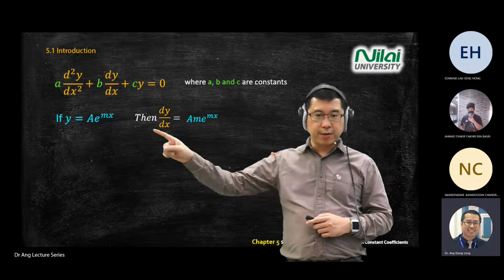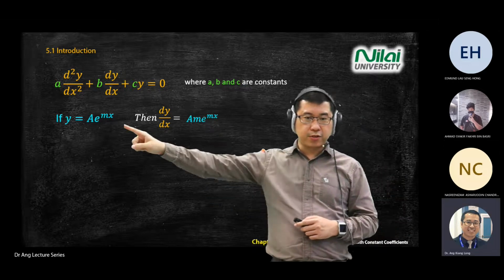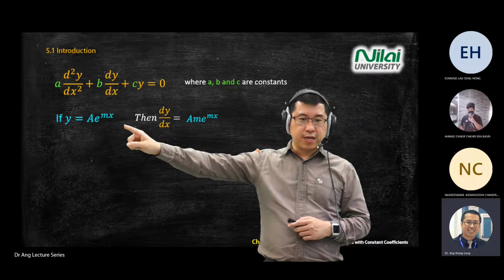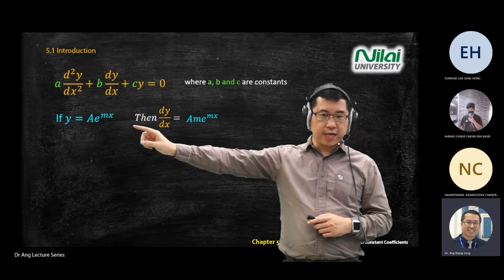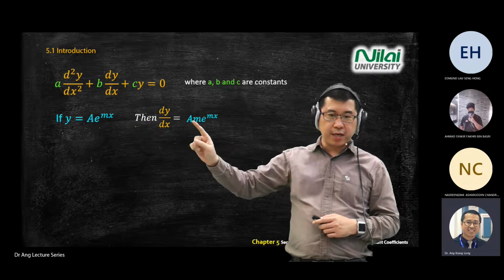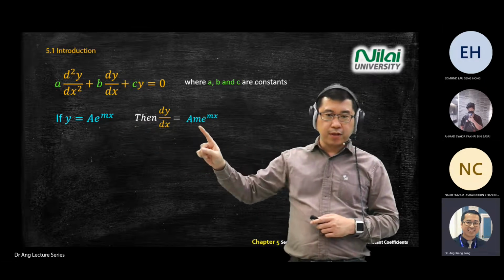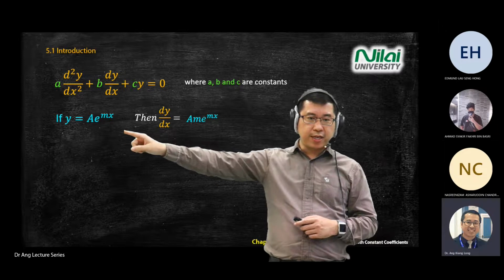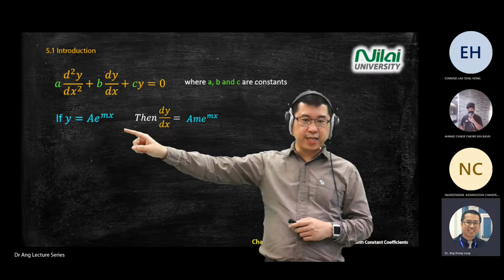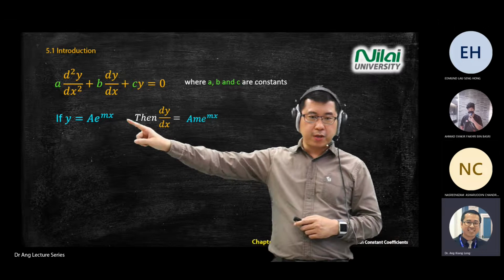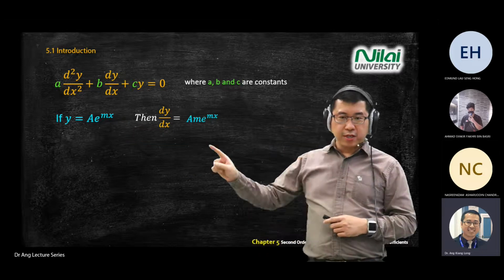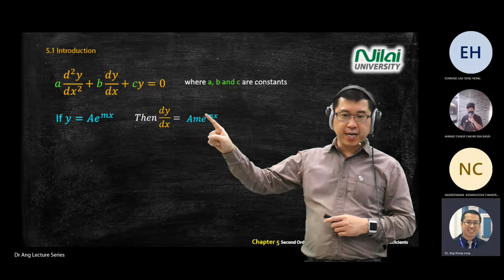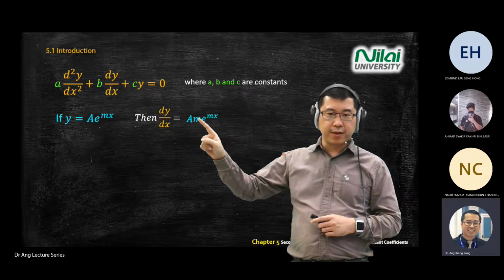So there's a table to get this answer when you differentiate the e equation. So A you continue, then you differentiate e^(mx). You continue to carry the e^(mx) over here, but remember to go inside the x to differentiate. So you differentiate mx, what do you get? You get m. So there's an m here.